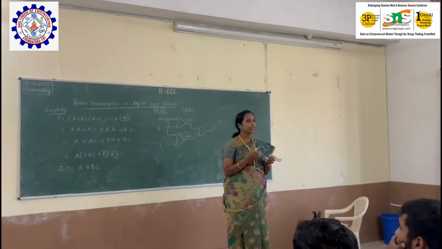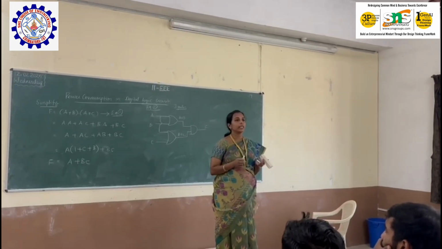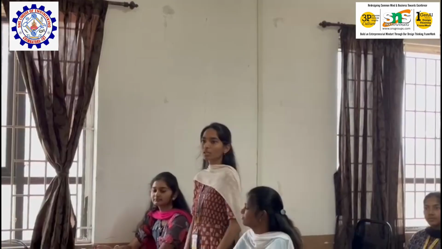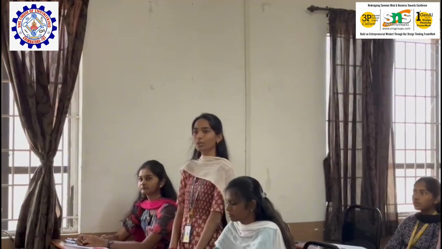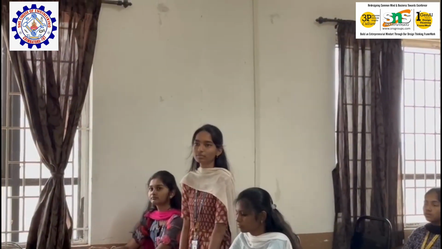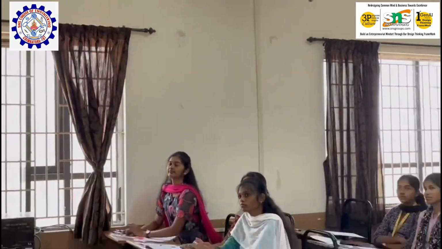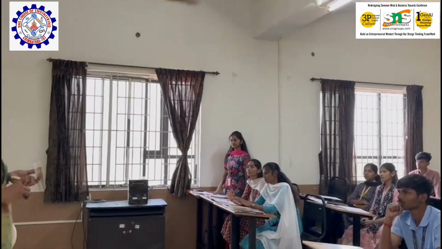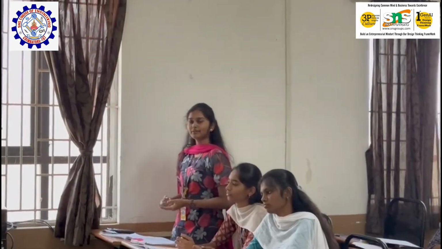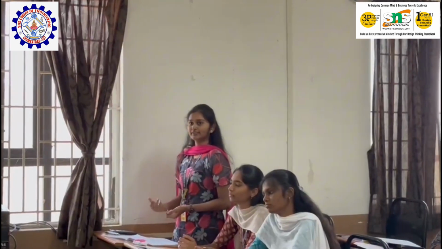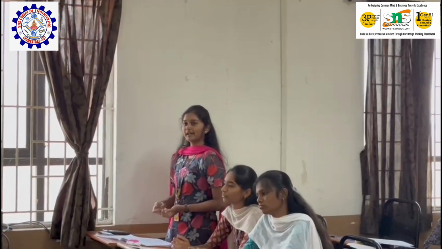So what is switching activity? Can anyone answer? Switching activity refers to the number of times a logical change occurs in the output state during circuit operation. What is the impact of switching? Each transition consumes energy because it involves both charging and discharging of the parasitic capacitance at the output.